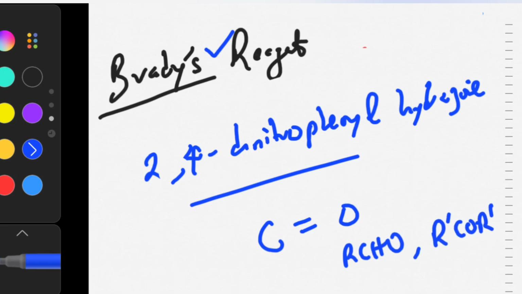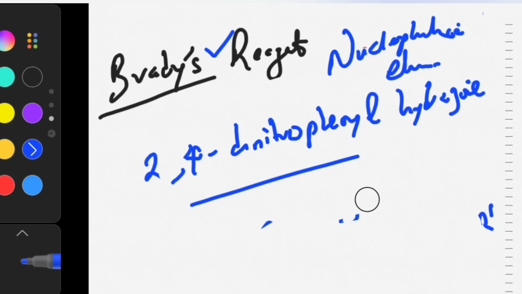This is a ketone, right? So you should know that. And the reaction is typically a nucleophilic elimination reaction. Okay, so that's by the way with that experiment.